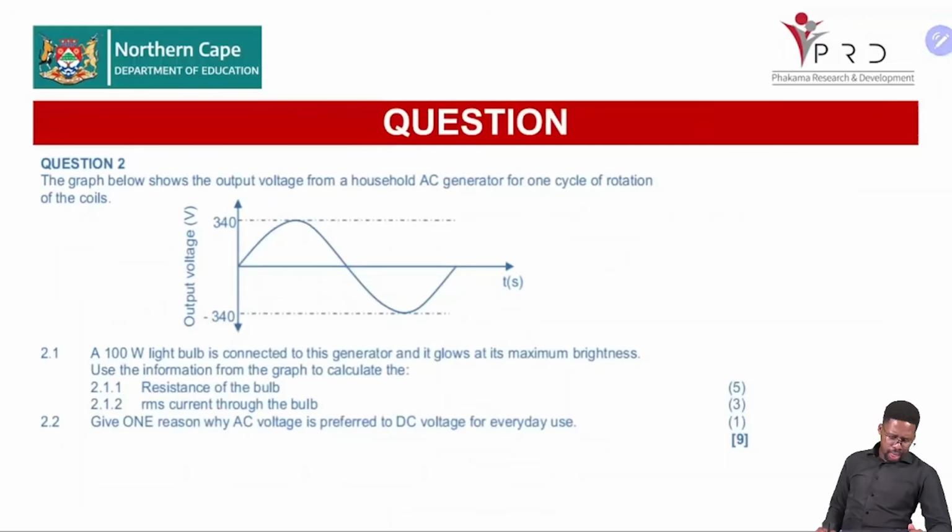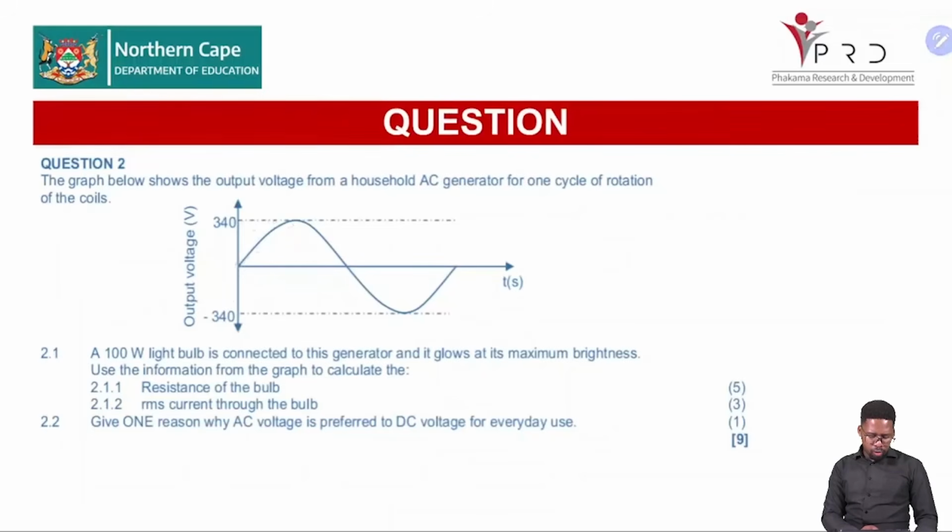2.1. A 100 watts light bulb is connected to this generator and it glows at its maximum brightness. Use the information from the graph to calculate the resistance of the bulb. So the first thing that we must look at here is that we are given the voltage from the graph.